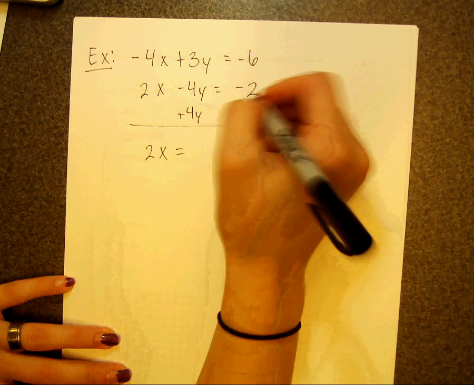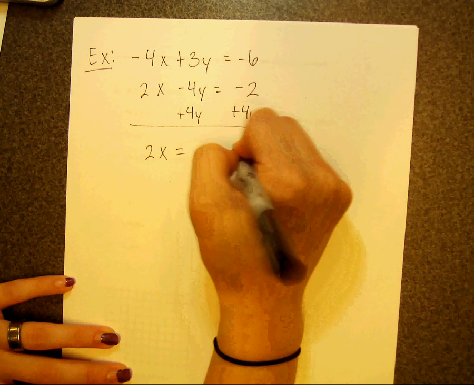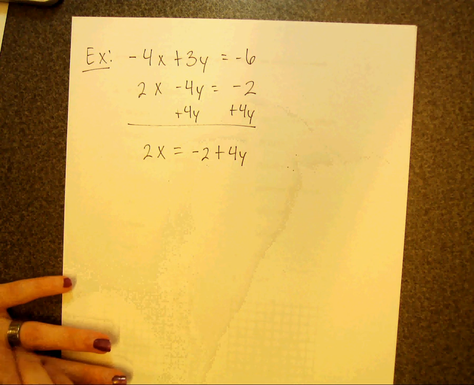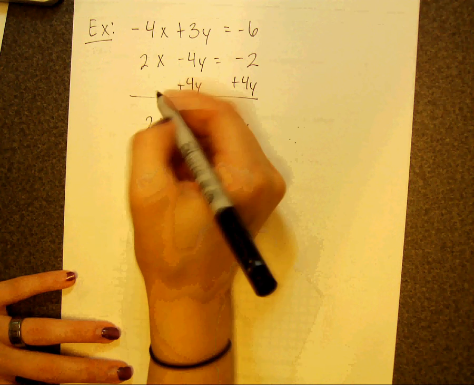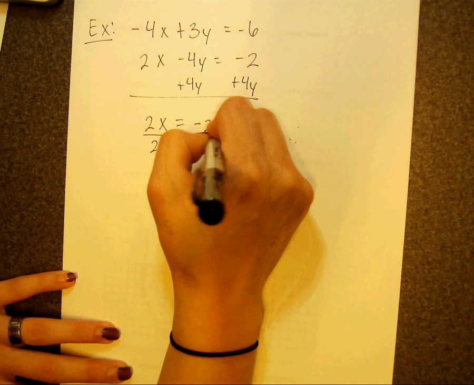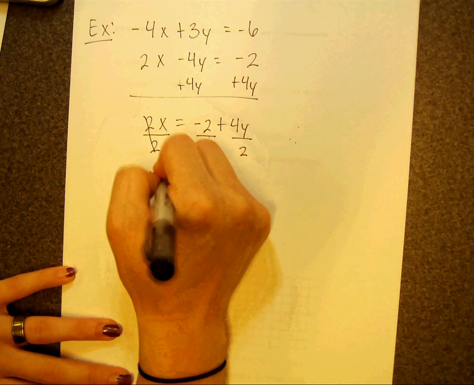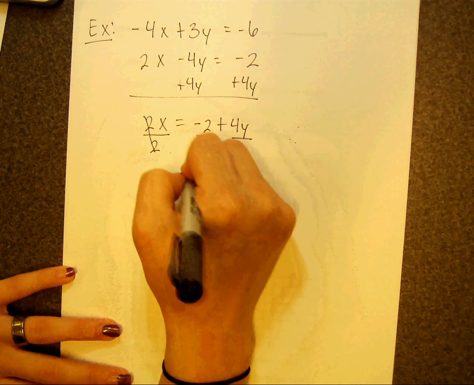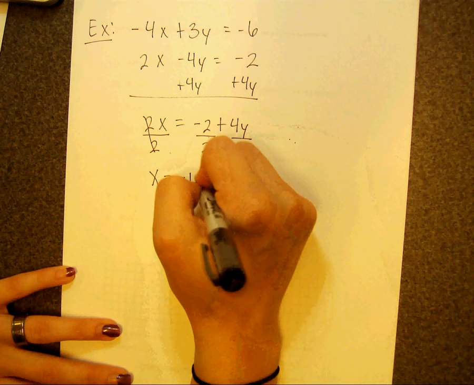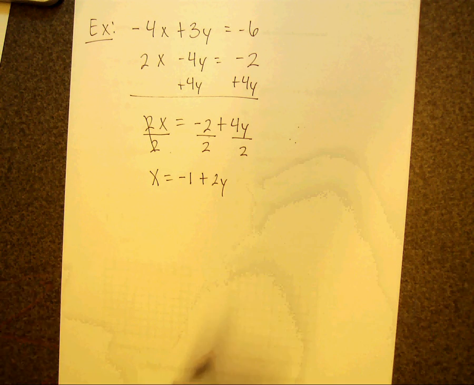I get 2x equals negative 2 plus 4y, or 4y minus 2, same thing. And I'm going to divide everything by 2. So I get x equals negative 2 divided by 2 is negative 1. 4y divided by 2 is 2y.